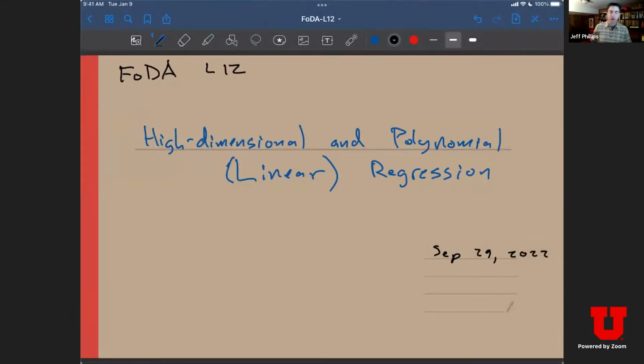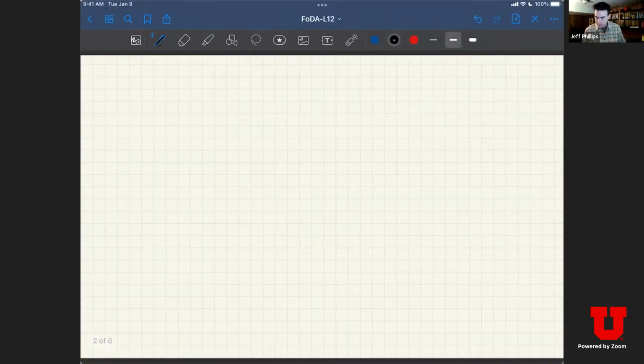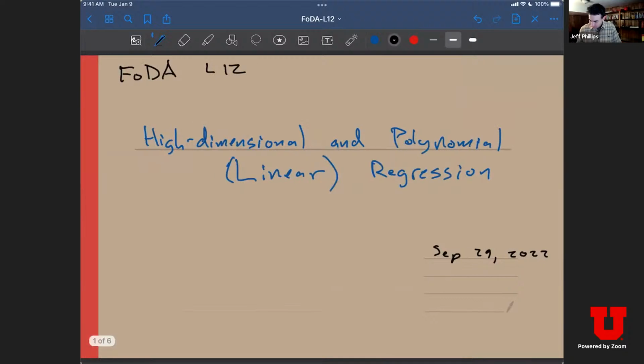So, okay, we're talking about linear regression again. Technical difficulties here. This was working right before class, and now my iPad pen is not syncing.